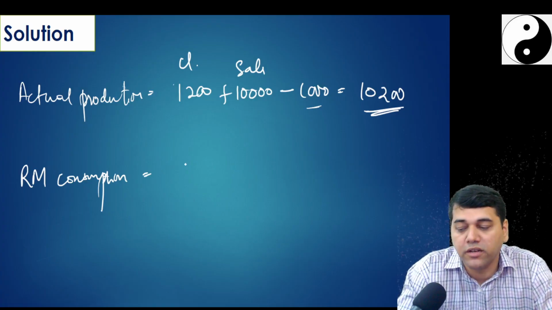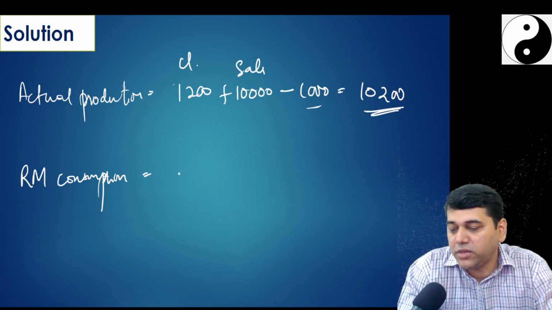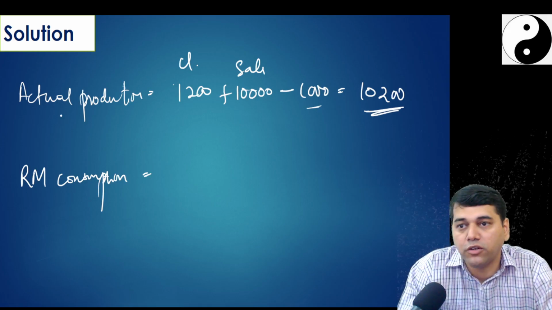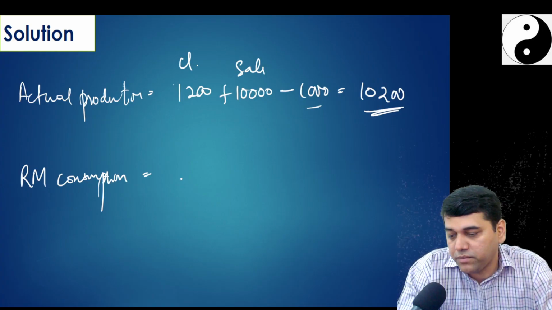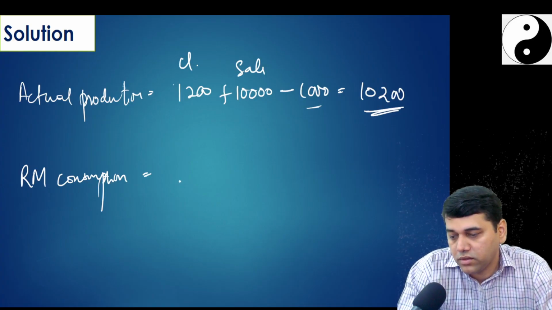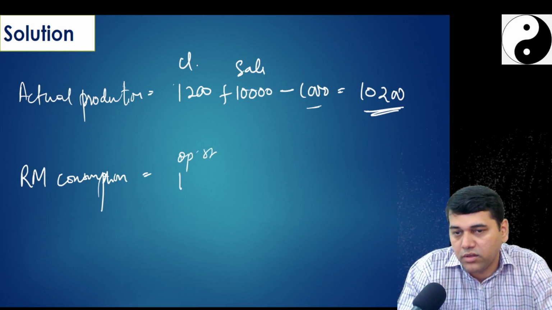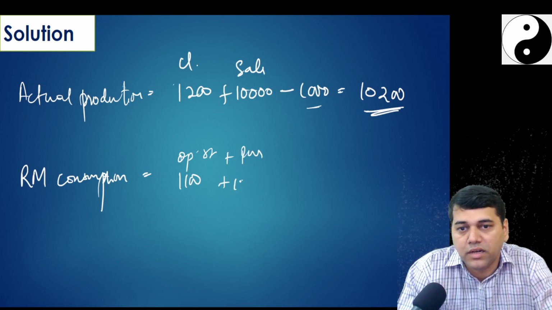Okay, how much raw material is consumed during the year? How do you get it? Okay, how much is the closing stock of raw material with you? Okay, but you are looking at consumption. Raw material consumption comes from opening stock. How much is your opening stock? 1100 plus how much purchases happened? 10,000.